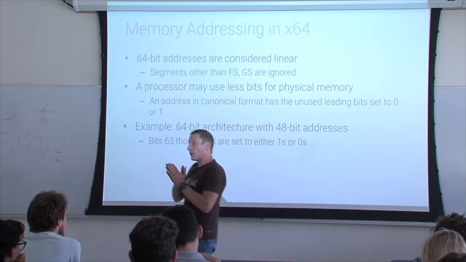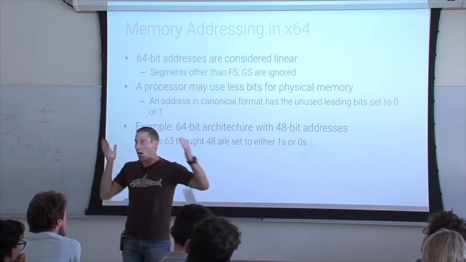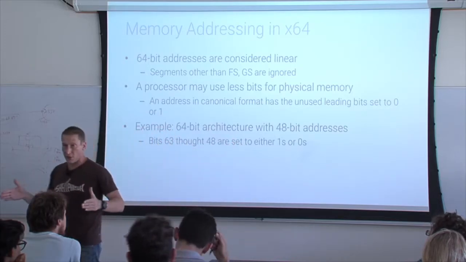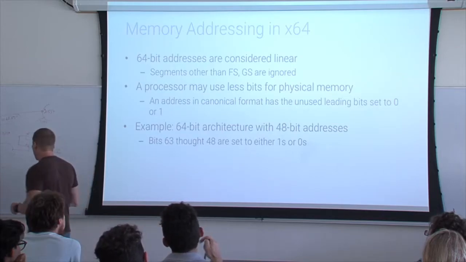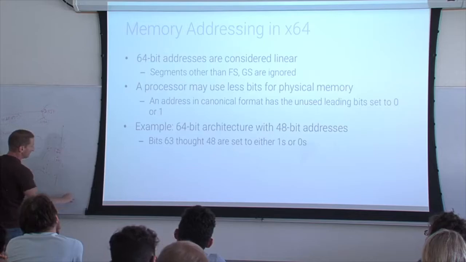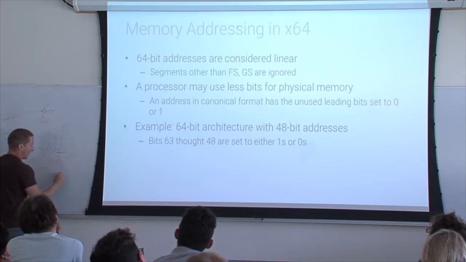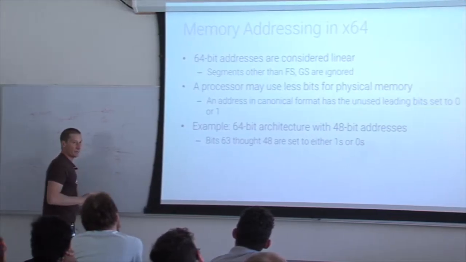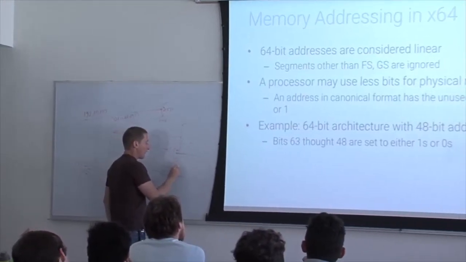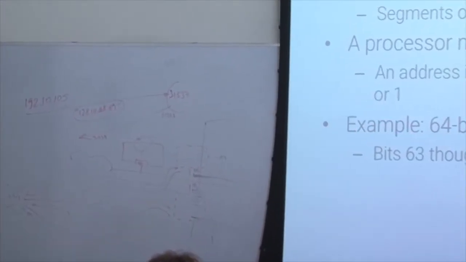That means that all the bits that are not used, so from 63 to 48, are either all ones or all zeros, which means that if you think about your 64-bit space, fundamentally you have 2 to the 47 here and 2 to the 47 here. And referencing anything in the middle would cause a fault.